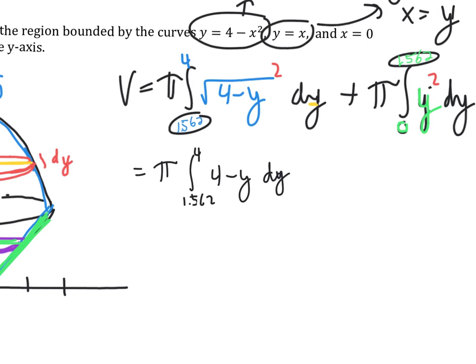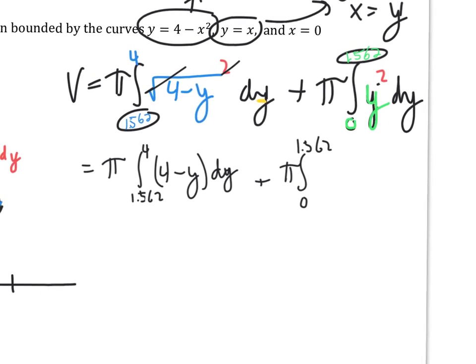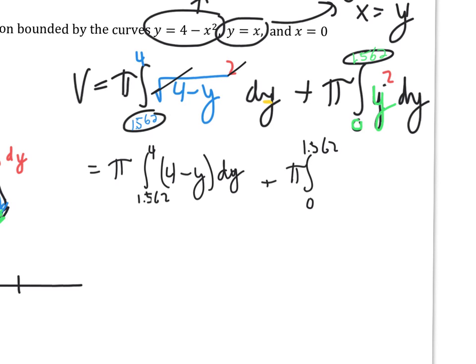I can get rid of my square root and square, since they cancel each other out. So 4 minus y dy, plus, oops, I meant to write the pi out front. Pi times the integral from 0 to 1.562 of y squared. I do need to keep the squared this time, y squared dy.